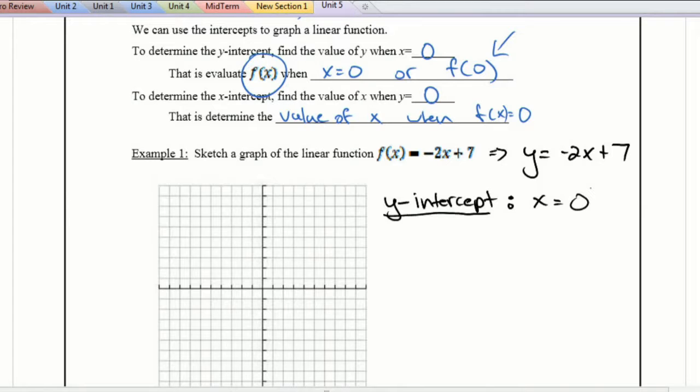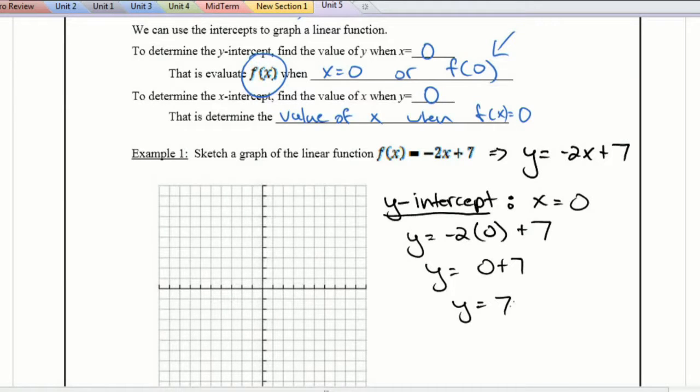I take my equation, y is equal to negative 2, and anywhere there's an x, I substitute in a 0. So y is equal to negative 2 times 0 plus 7. So this is 0 plus 7. Y is equal to 7.